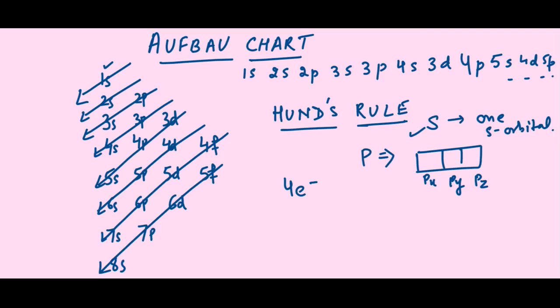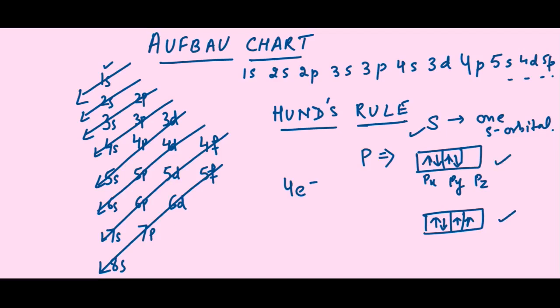The first method is this, that you will fill the 4 electrons like this. And the second method you will adopt will be like this, that you will fill all the 3 electrons independently, and then the 4th electron you will pair in the first orbital. So you can see the difference in these two cases.